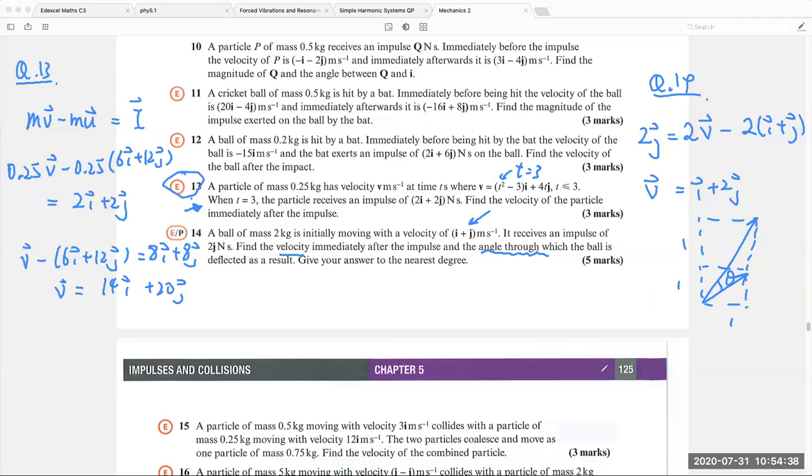18.4. You use arctangent: arctangent 2 minus arctangent 1.